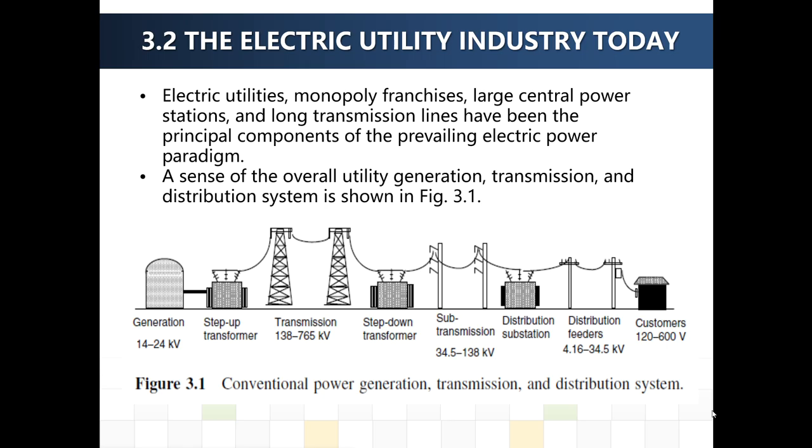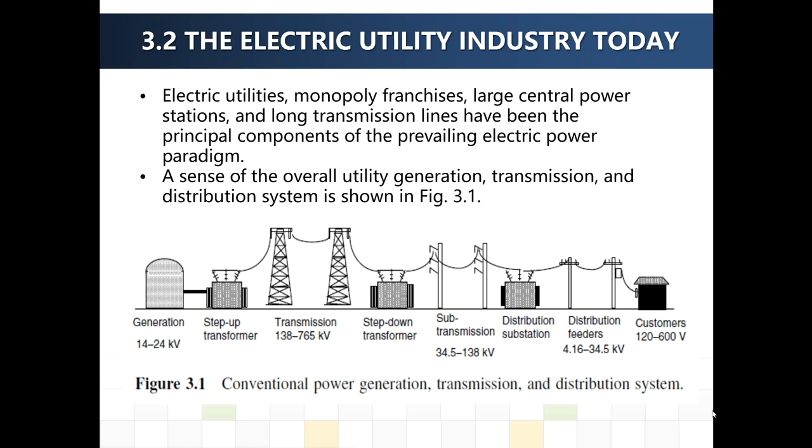At the site of generation, transformers step up the voltage to long-distance transmission line levels, typically in the range of 138 kilovolts to 765 kilovolts. These voltages may be reduced for regional distribution using sub-transmission lines that carry voltages in the range of 34.5 kilovolts to 138 kilovolts.